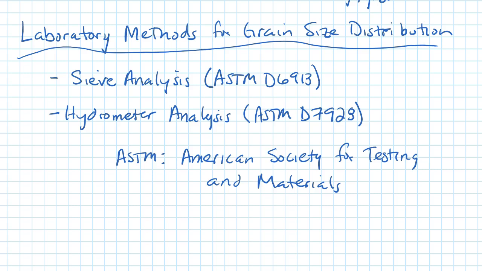A couple of reasons why we want to characterize the grain size distribution for the finer materials: first, to determine the clay size fraction. That, combined with the plasticity index, which we'll talk about in the future, can be used to compute the activity, which provides an indication of the clay mineralogy. And second, the gradation of silt and clay sized fractions is an important factor in determining the susceptibility of fine-grained soils to frost action.